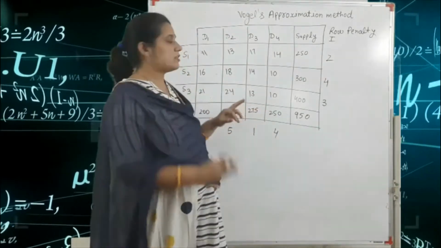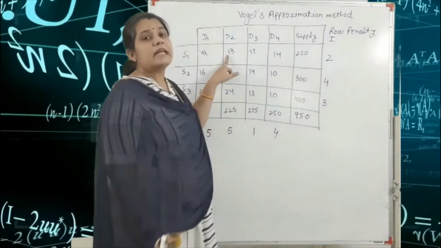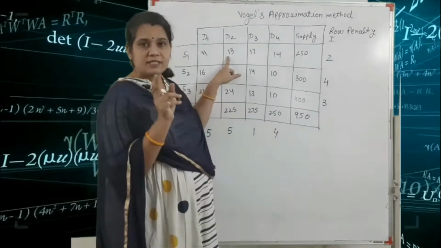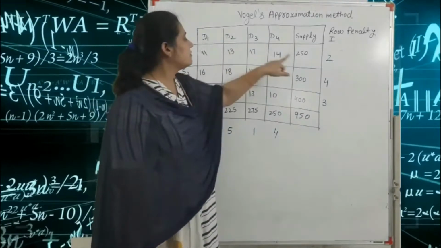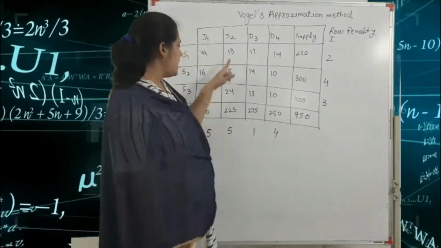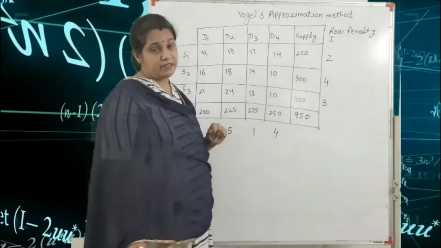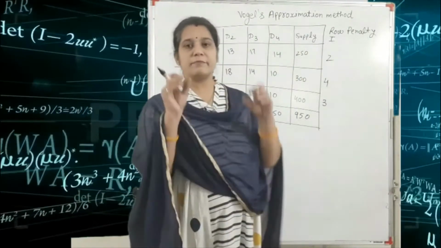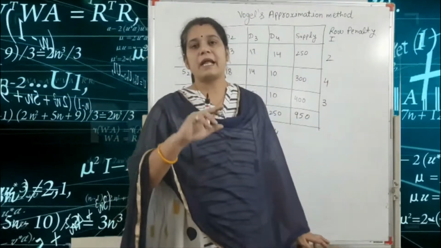The minimum value is 13, so the allocation cell is this 13. According to this 13, the supply is 250 and the demand is 225. So we allocate 225, because we choose the minimum of supply and demand.